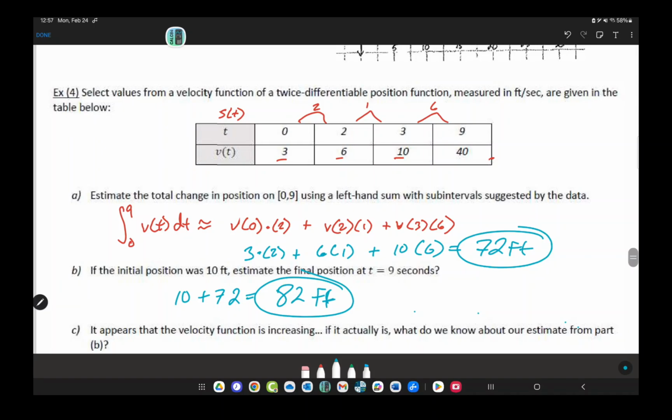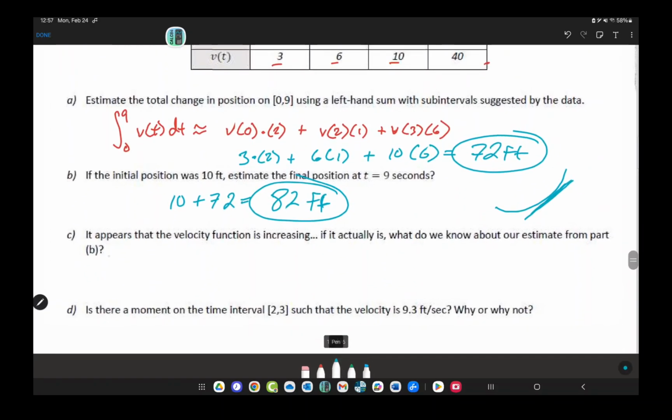Underestimate. So if v of t is increasing, then this would be an underestimate of the actual area. So the position at t of 9 is likely greater than 82 feet.